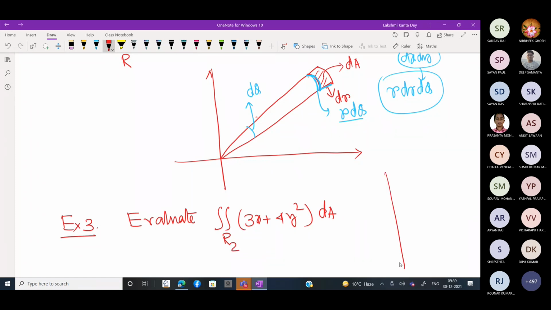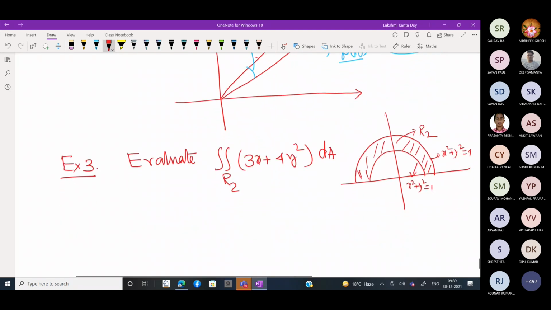I draw the same picture again, and this is your R2, this part, and this is x square plus y square equal to 4. This is x square plus y square equal to 1. Okay, so this part we have to do.